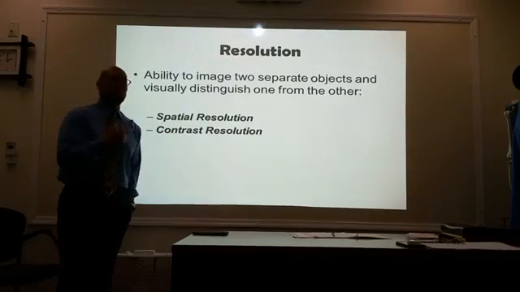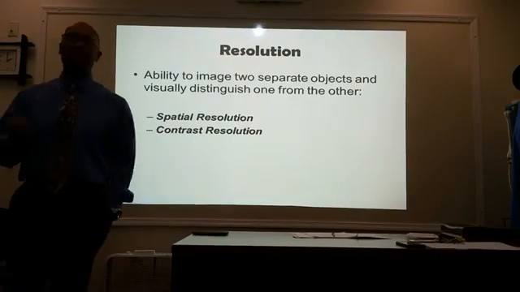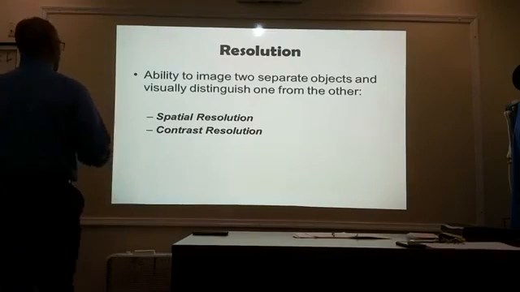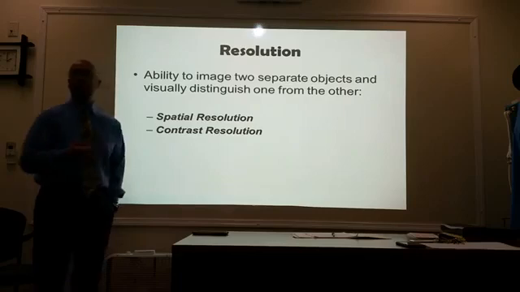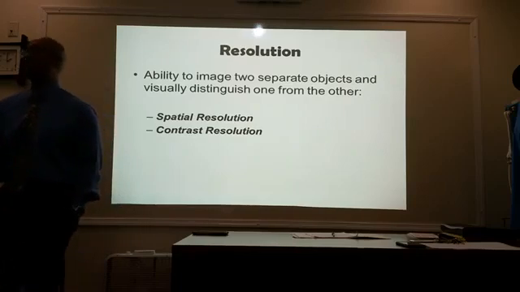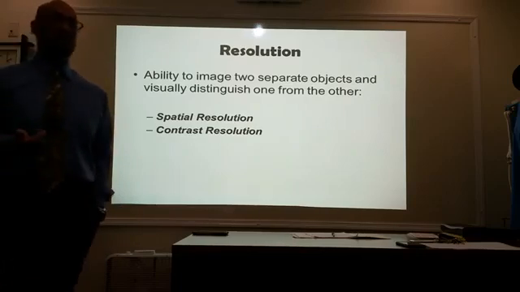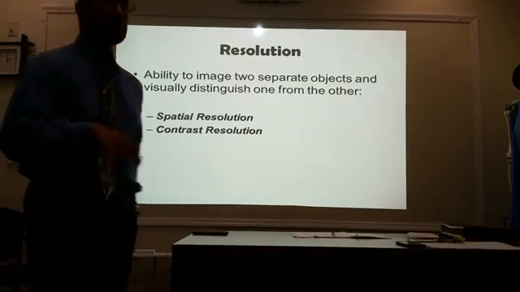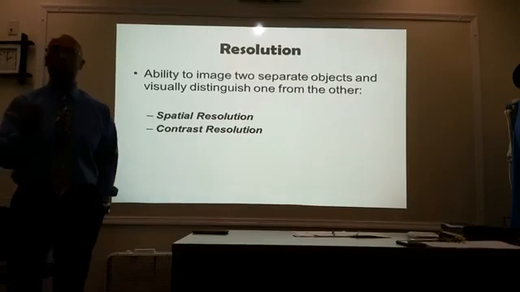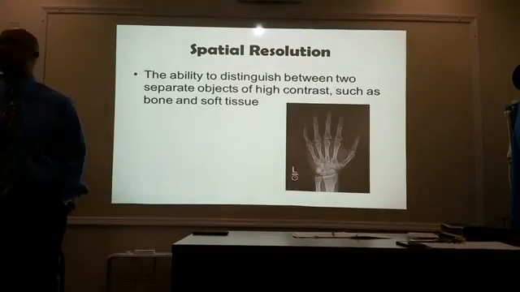Let's talk about two specific terms about resolution and detail. Resolution is the ability to image two separate objects and visually distinguish one from another. The first one here is spatial resolution.